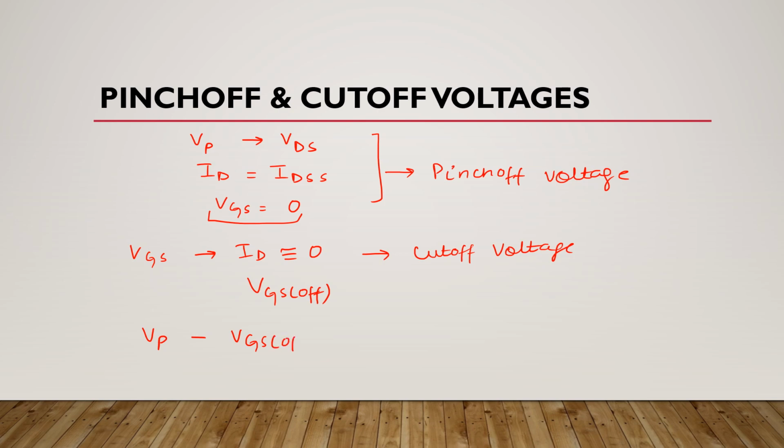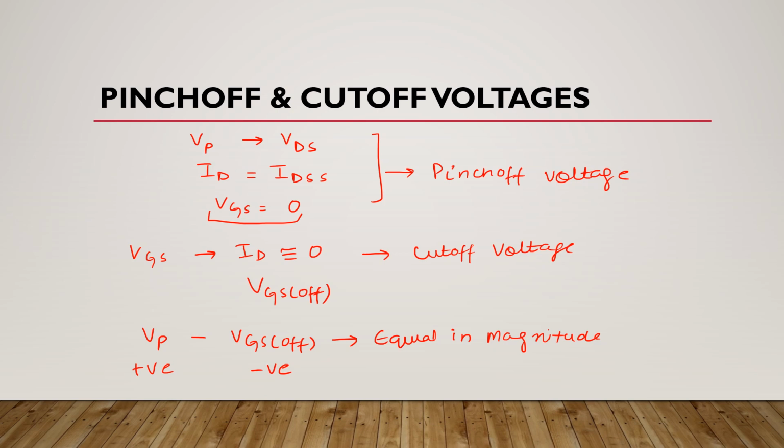Now this pinch off voltage and this cutoff voltage, they are equal in magnitude but opposite in sign. It means if this pinch off voltage is positive, then this cutoff voltage will be negative, but magnitude will be same.